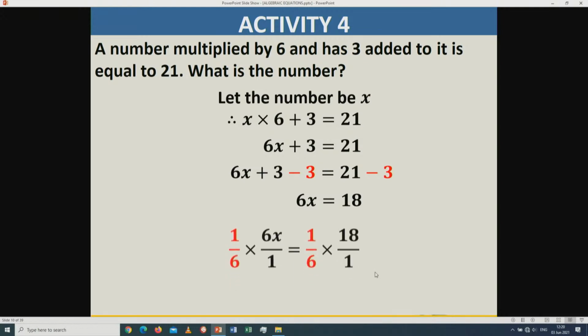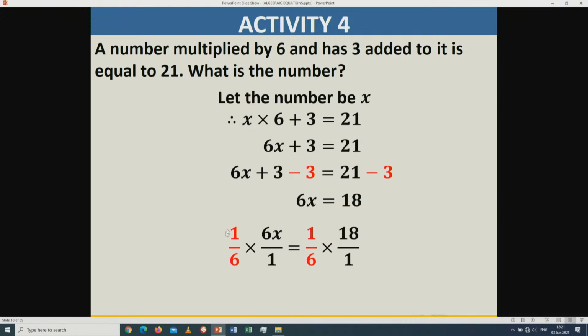Right, here it is. We have 6x over 1. We multiply it by 1 over 6 because 1 over 6 is the multiplicative inverse of 6 over 1. If we have 3 over 2, the multiplicative inverse will be 2 over 3.